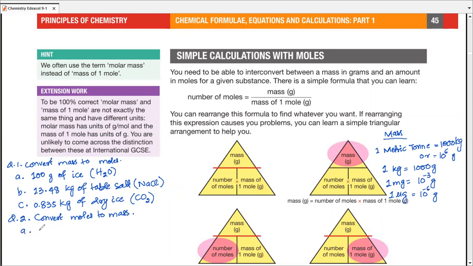So you have 1.12 mole of sugar, the formula for which is C12H22O11, the sugar we eat every day.